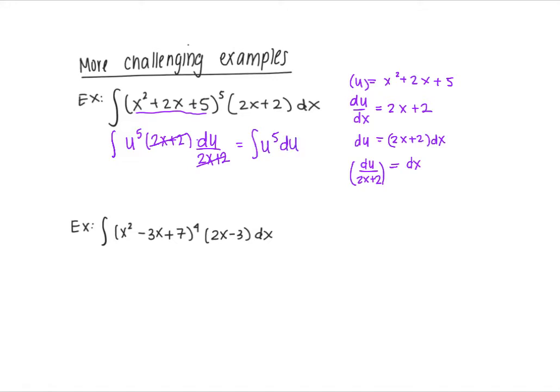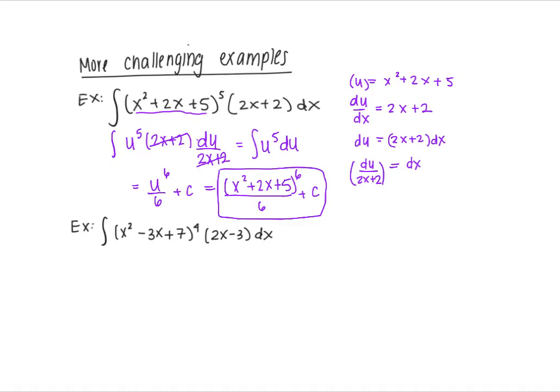Well, the integral of u to the 5th is u to the 6th over 6. And the last thing I need to do is plug u back in. So that's (x squared plus 2x plus 5) to the 6th over 6 plus c. And that's your final answer.